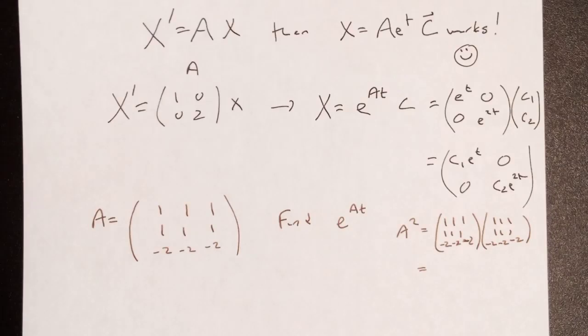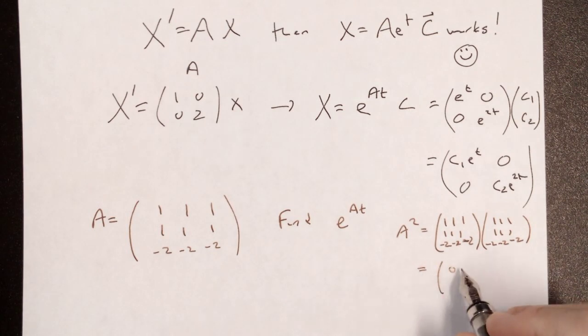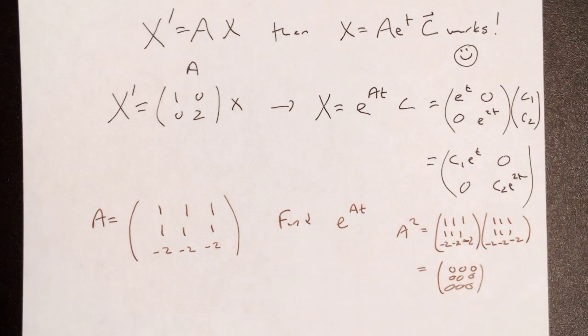Reach here for the graphing calculator. Zeros. It is all zeros. Oh, wait a minute. That means what's a cubed? And a to the fourth and a to the fifth, and they're all zeros.